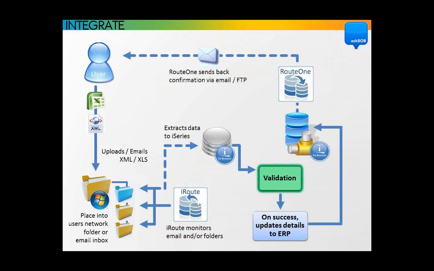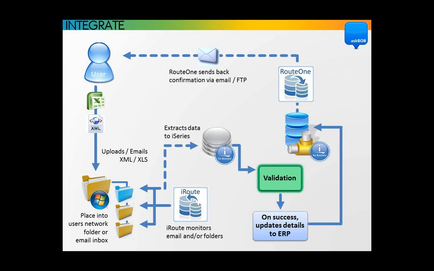The demonstration will be one of sending and receiving XML orders, but in addition to that, being able to receive orders in other formats such as perhaps a spreadsheet. We'll demonstrate this path. The user, the customer, the supplier, whoever it may be, will be uploading the order via FTP or indeed by email in a couple of formats, be it Excel spreadsheets or XML.